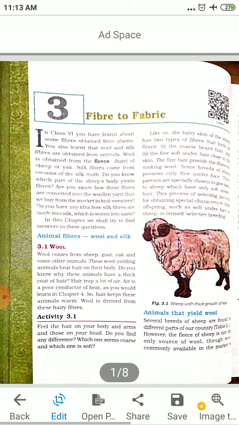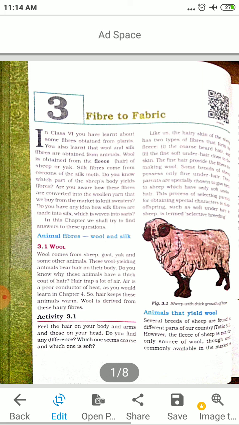The fine hair provides the fibers for making wool. Some breeds of sheep possess only fine under hair. Their parents are specially chosen to give birth to sheep which have only soft under hair. So the children of the sheep also have soft hair on the skin.